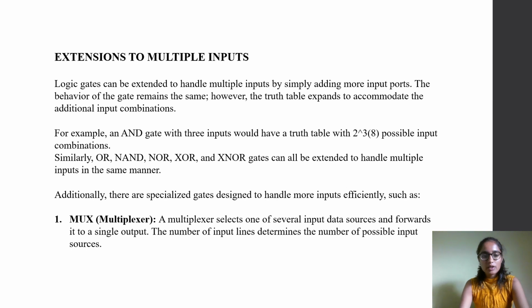Similarly, OR, NAND, NOR, XOR and XNOR gates can all be extended to handle multiple inputs in the same manner. Additionally, there are specialized gates designed to handle more inputs efficiently such as MUX, multiplexer.